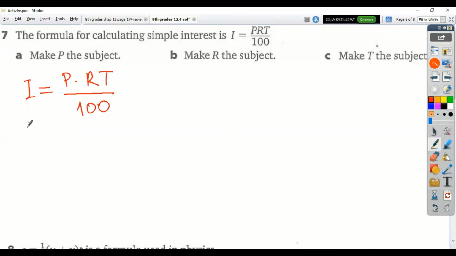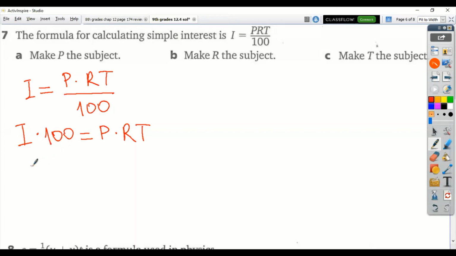So let's take it to the left side. Dividing on the right side means multiplying on the left. So it will be multiplied by I, P times RT. RT is multiplied by P, that means it will be dividing I times 100. Or, in other words, it will be sent to the bottom of I times 100.